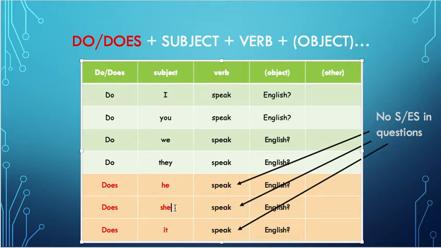But for example, if the subject is she, for she we choose does. Okay? So we have do, then the subject, then the action, the verb, and then for this question the object is English.